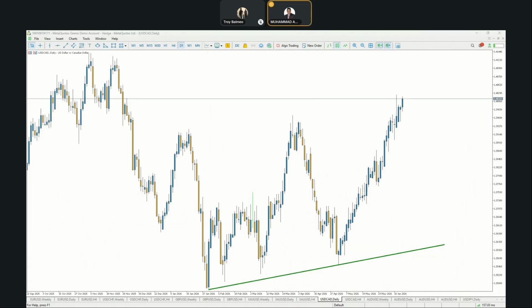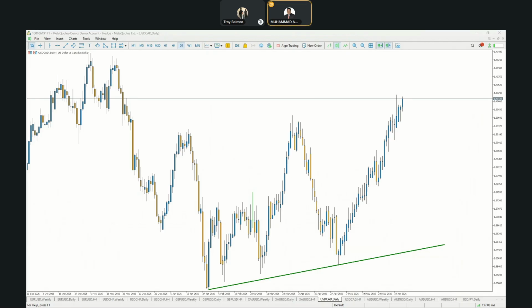A result better than minus 3.7% would have suggested resilience in the construction sector and supported the Canadian dollar. A weaker reading would confirm further economic deterioration.